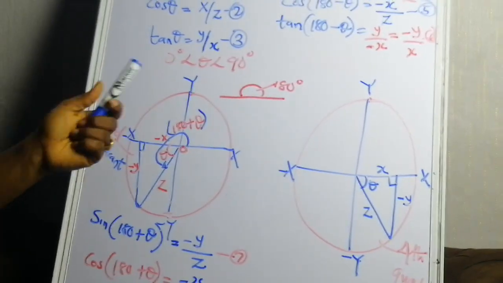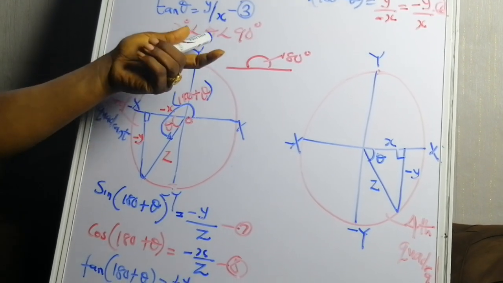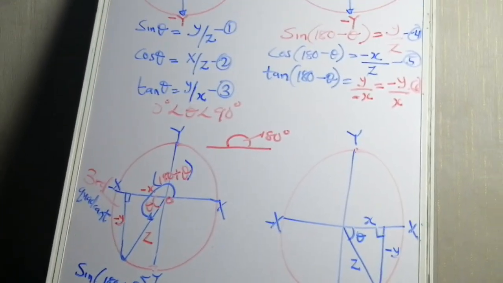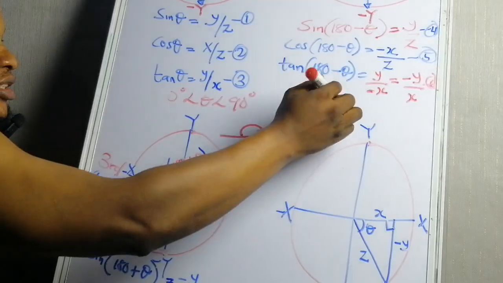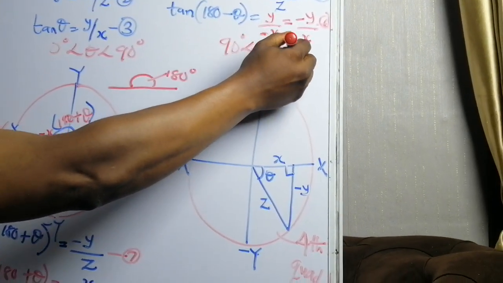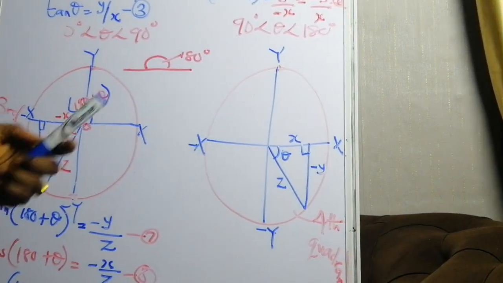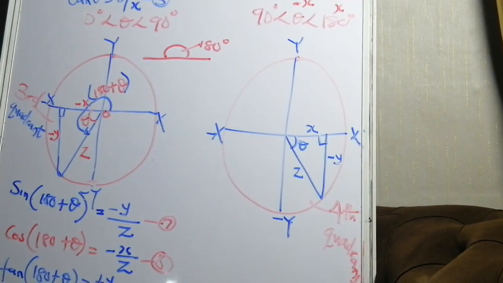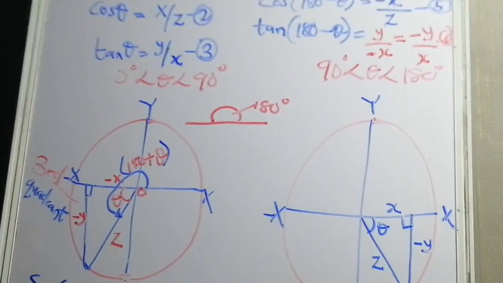Any angle given to me between 0 and 90 will fall into the first quadrant. Now this second quadrant is 90 degrees less than or equal to theta less than or equal to 180 degrees. So any angle given to me above 90 means it's falling into the second quadrant.